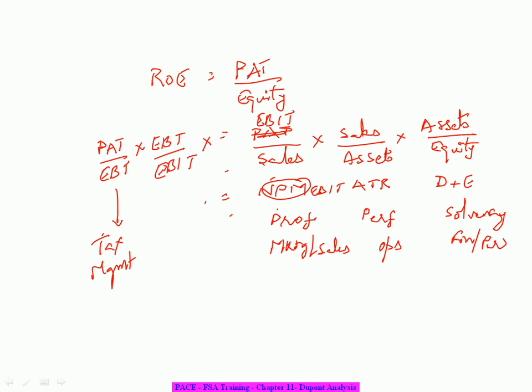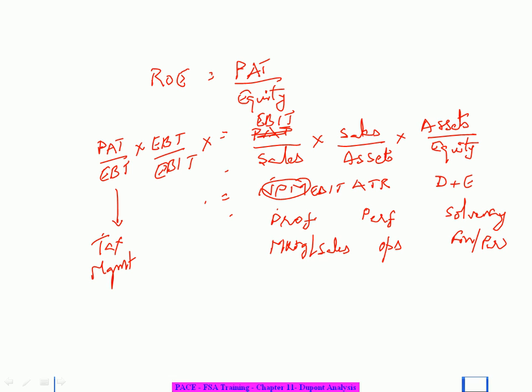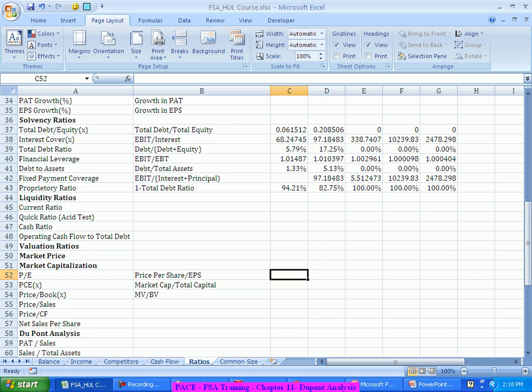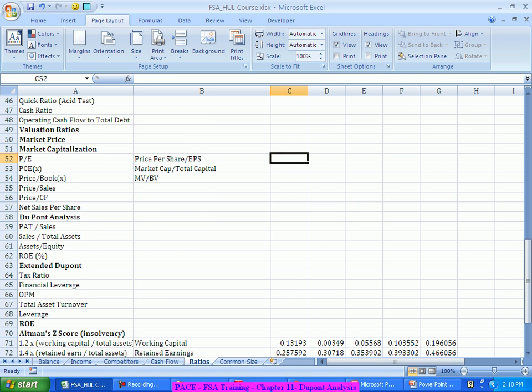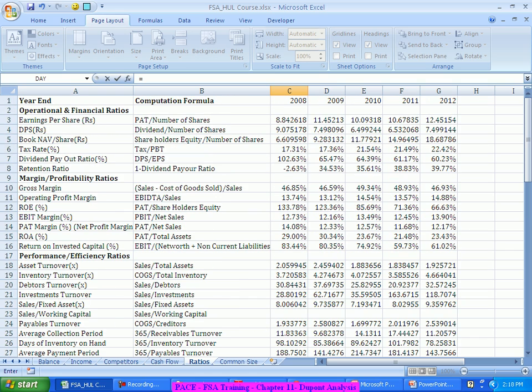Right? So, we'll put those numbers into our spreadsheet. Here you see the breakup: PAT by sales, the normal DuPont, and then we have the extended DuPont. PAT by sales I can directly take from here, the net profit margin.